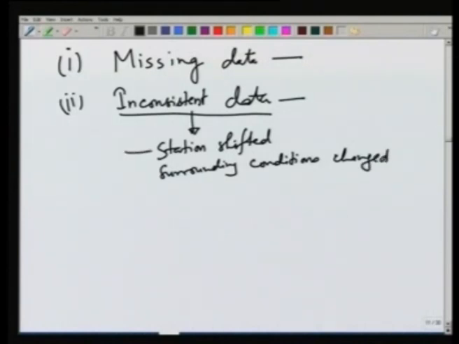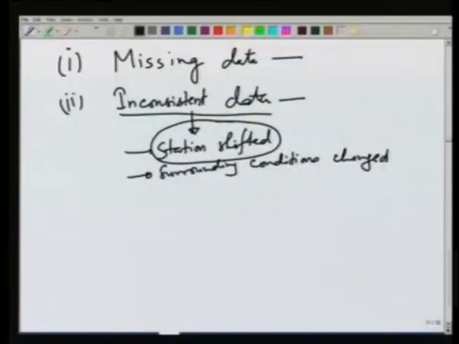So, station shifted means we had a location of the station earlier, but due to some reasons the station has to be shifted to some other location. Then the data will be inconsistent because the characteristics of the areas will be different, or we may not shift the station, but the surrounding area has some change in the condition.